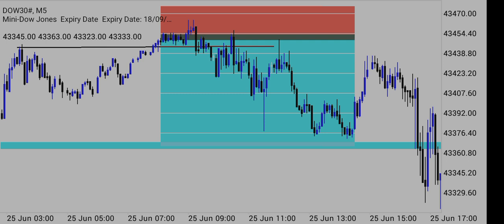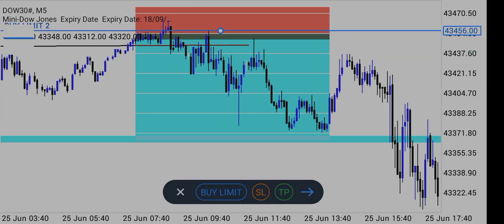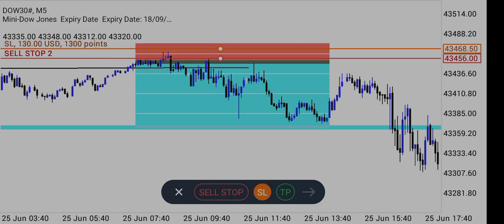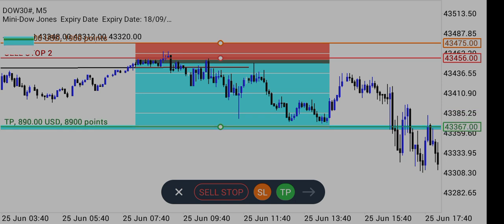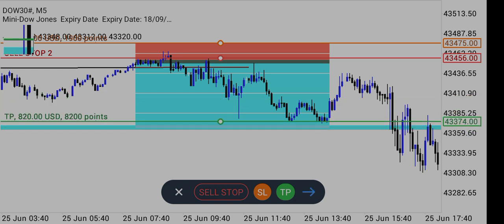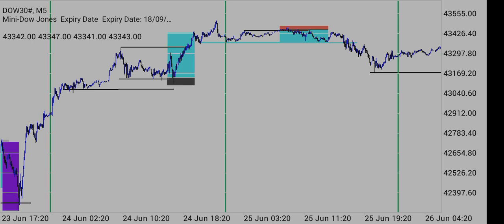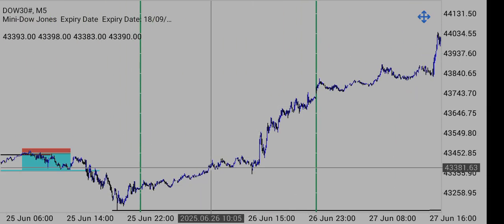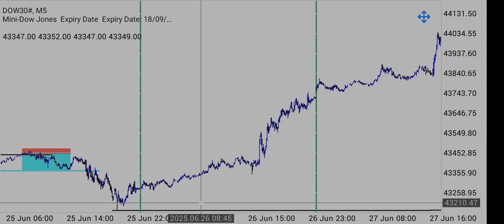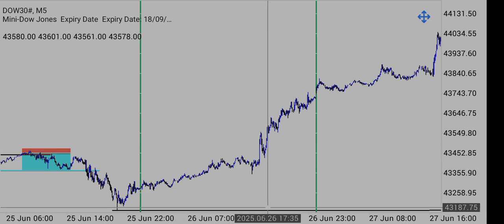Okay, so we are on a sell, around 850 USD. Insane. And look at this day, we didn't get any entry or anything like a liquidity sweep, buy side or sell side liquidity sweep.